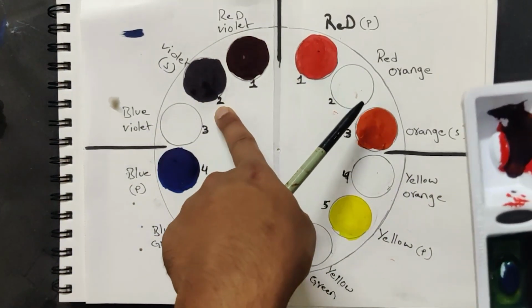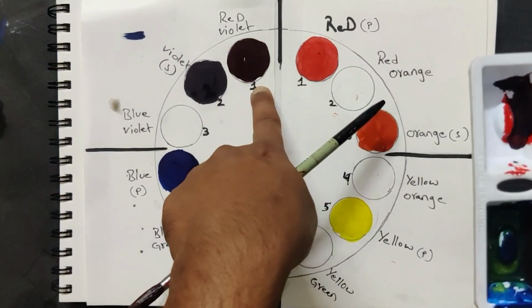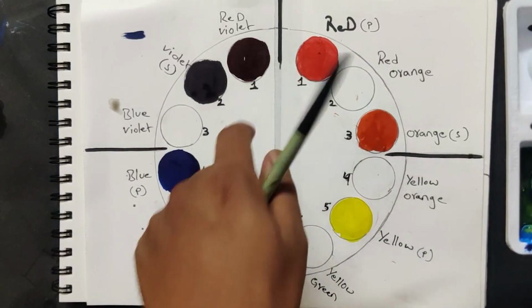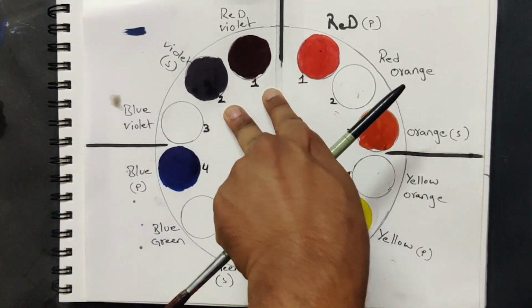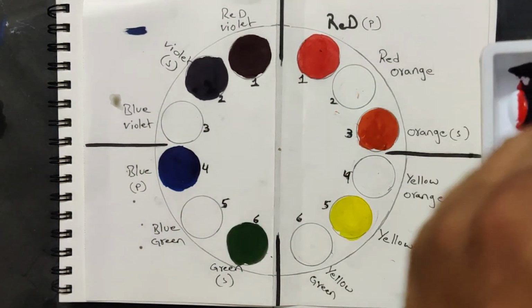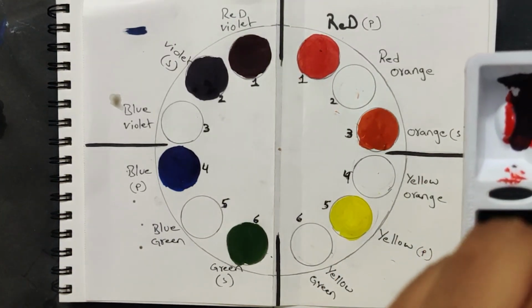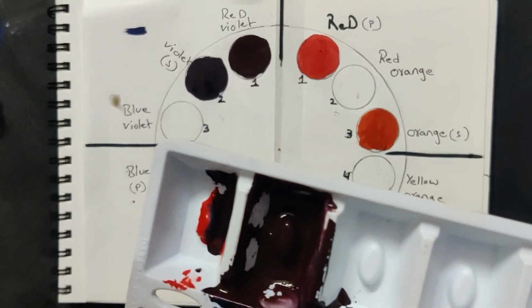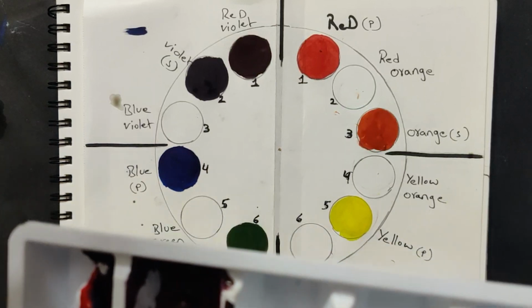It's a kind of, if you call it in simple terms, this is purple, a little closer to blue. This is violet, a little closer to red. That is how it is. Both the colors will be very dark. And if you wanna see the lightest part of it, I will show you the light part.